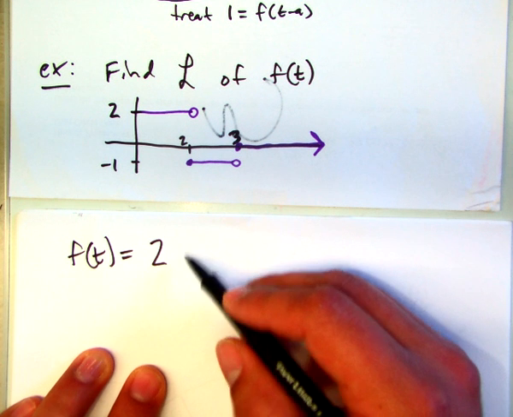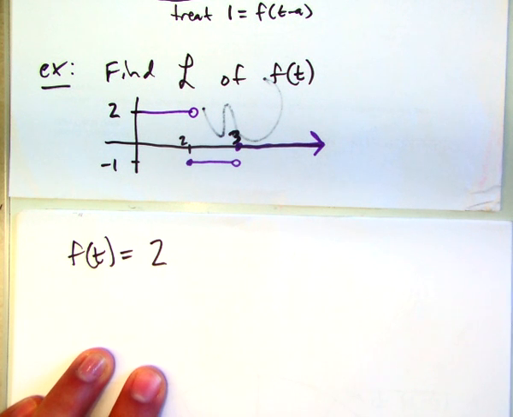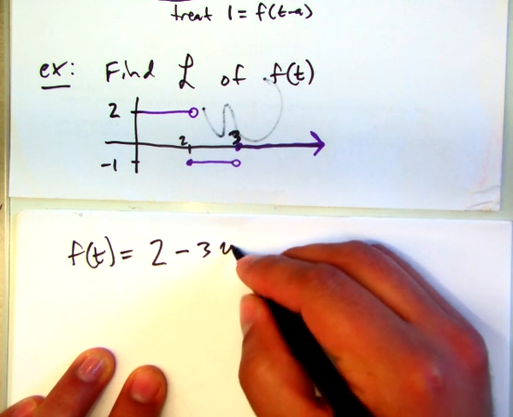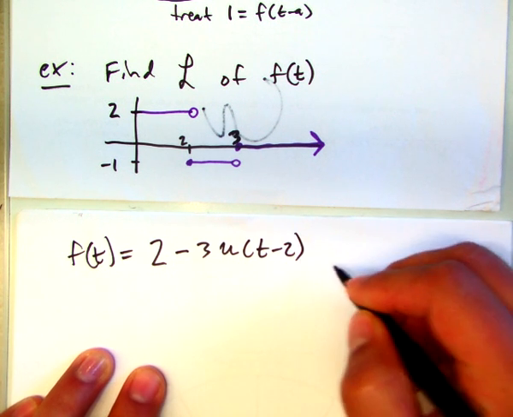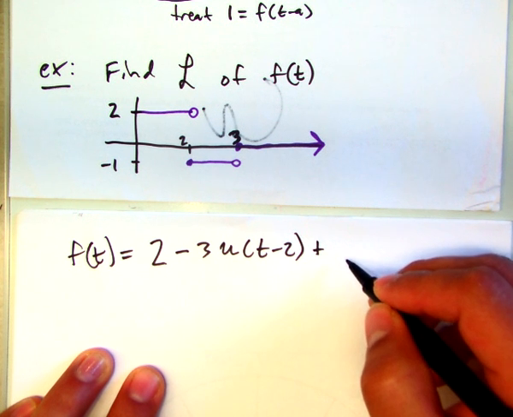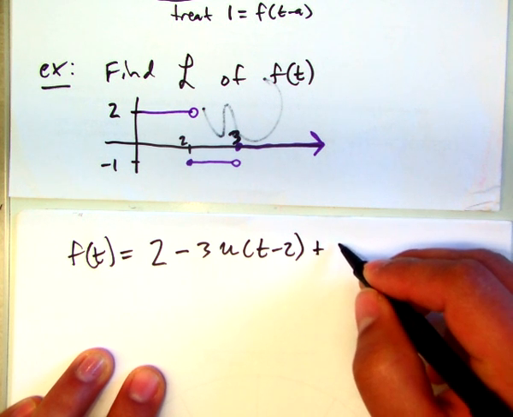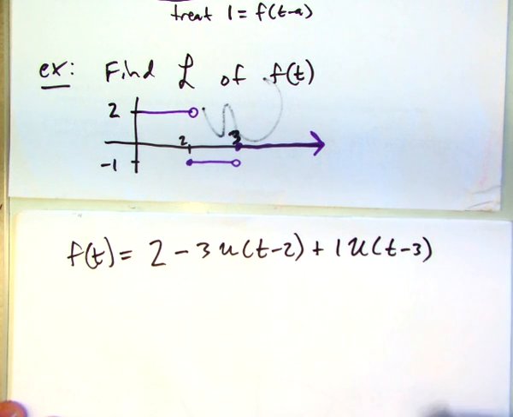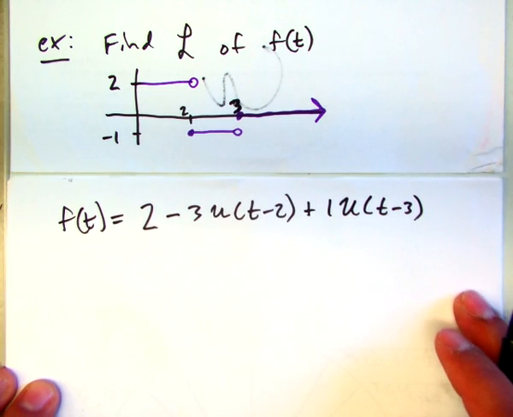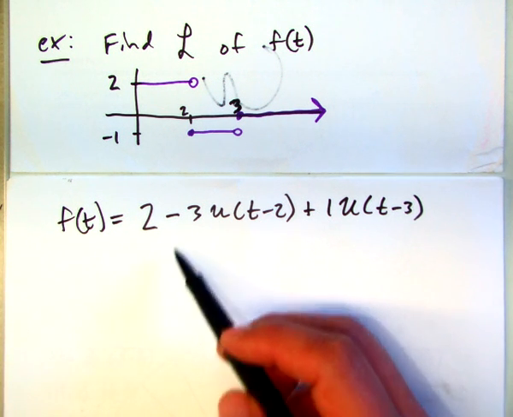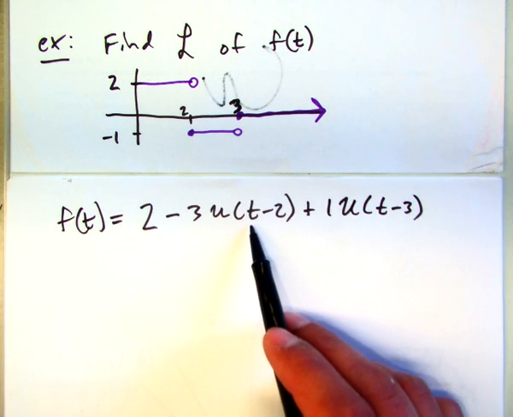Well, let's write it in compact form. Good. Starting at 2, we want to subtract 3 starting at 2.